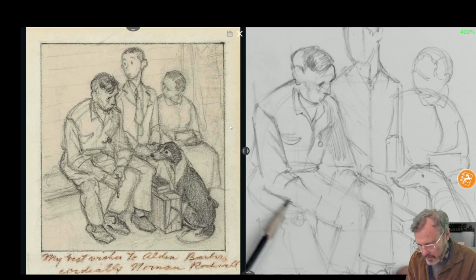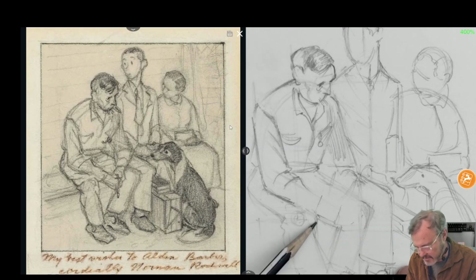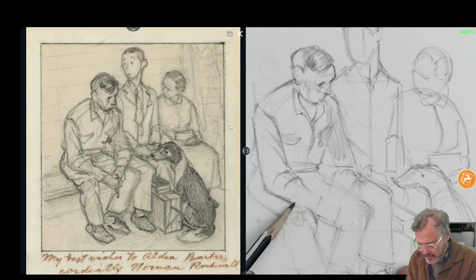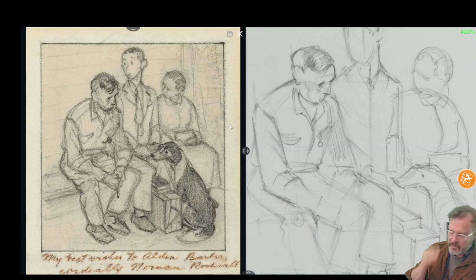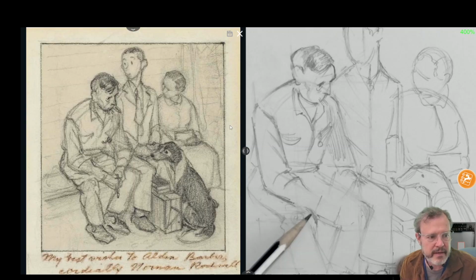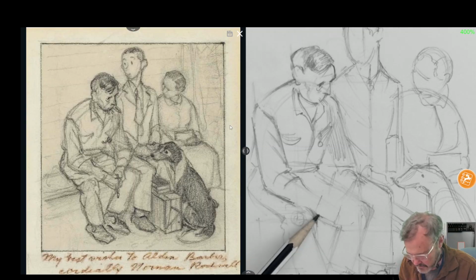And this is important. You see how there's a break in this line? There's the bottom of his sleeve, but it stops right here, and the knee kind of overlaps it a little, just to show that the knee's coming out in front of the sleeve.